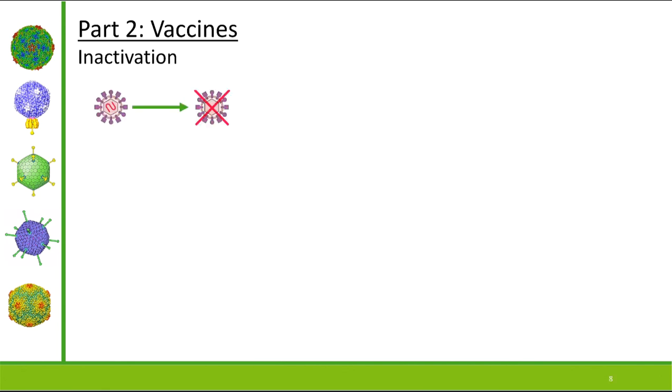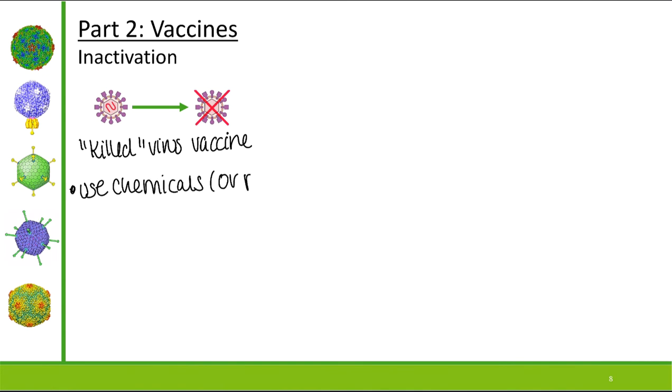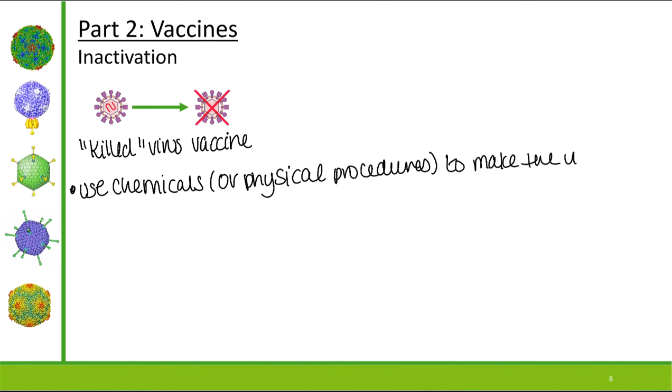So let's talk now about inactivation. For inactivation, we consider this a killed virus vaccine. And what that means is that we use chemicals or sometimes physical procedures, and what these do is make the virus non-infective.